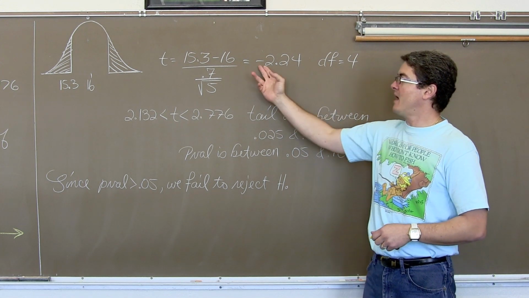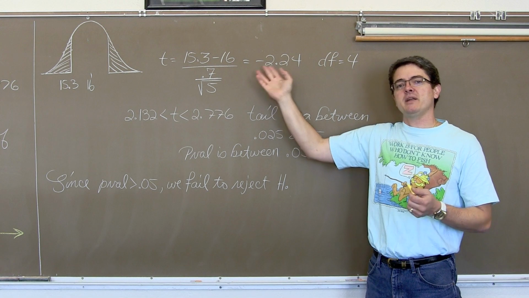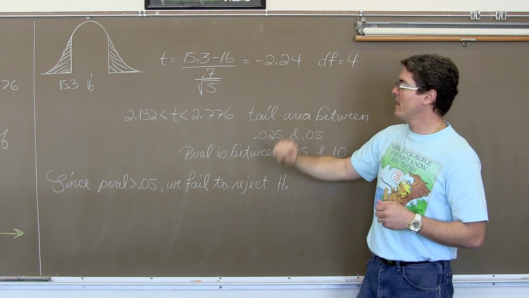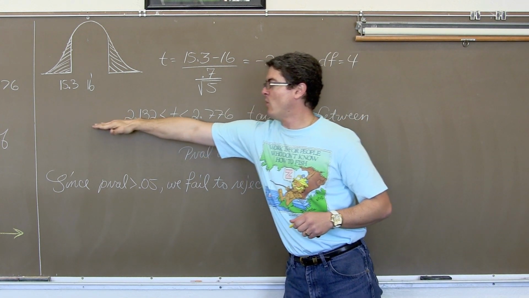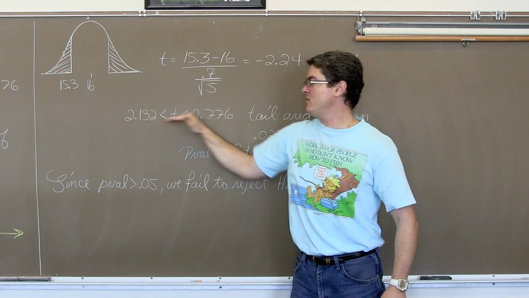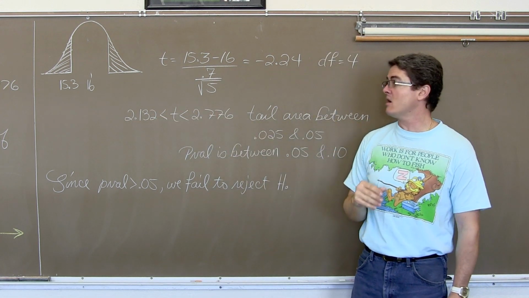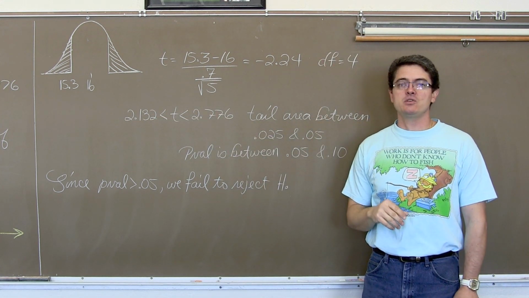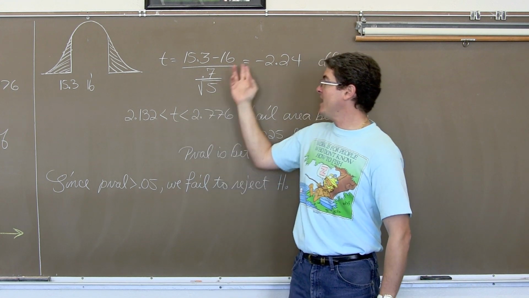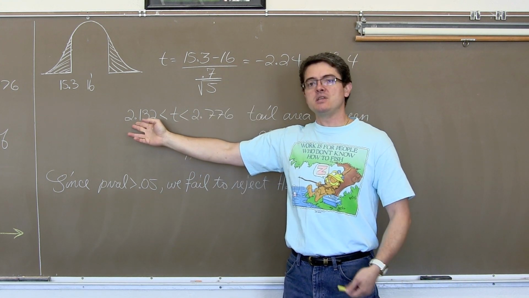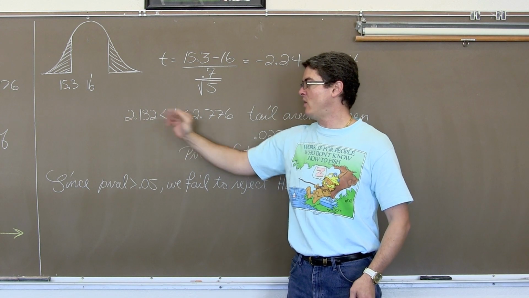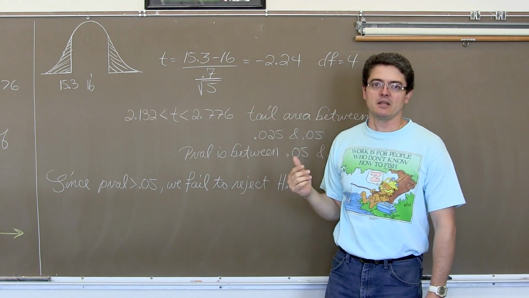So first of all, I'm not going to find a negative t-score, but it's symmetric, so that's okay. I go across the DF line of 4, and I notice that I have these two t-scores in that chart and not 2.24. So my actual observed t is between the t-score values of 2.1 and 2.8, basically.